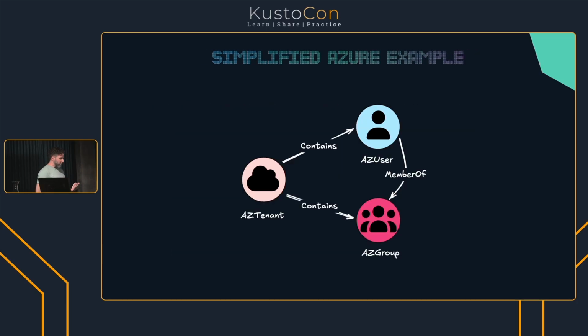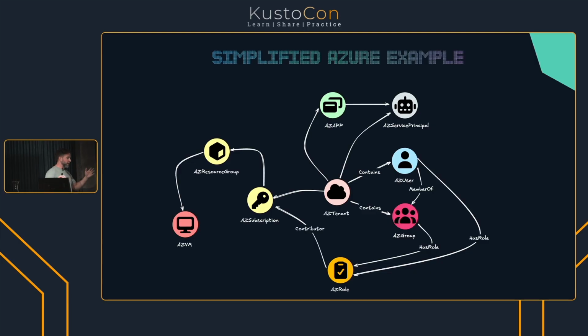The reason why that's useful is, if we look at Azure as an example, you can have an Azure tenant that contains a user. It also contains a group. But these groups can also have a connection with the user, so the user can be a member of a group. There can be way, way, way more. If you expand that a little bit, it looks like this.